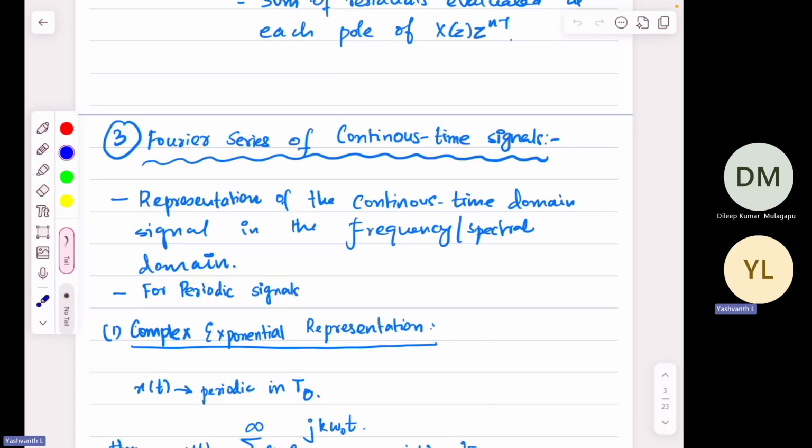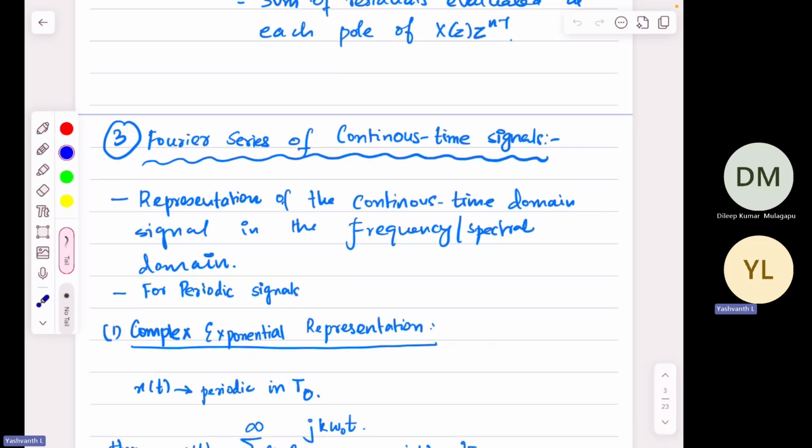So Laplace transform, what it does is you take the continuous time signal and represent the same signal in a different representation, that is a different domain, called the Laplacian domain. Then we saw several properties of Laplace transforms, and how to compute the Laplace transform using the properties, and also how to compute the inverse Laplace transforms, primarily using partial fraction expansion.